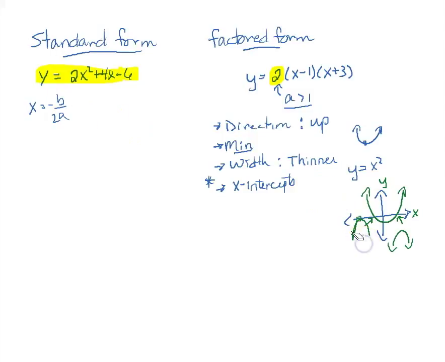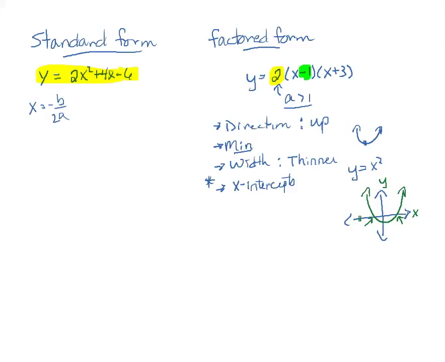So I'm going to just erase these out of the way. We don't need those cluttering up the diagram. In any event, the graph we have here will cut through in two places. And the reason we know that is that we look back up here to our equation. This is the advantage of doing factored form.